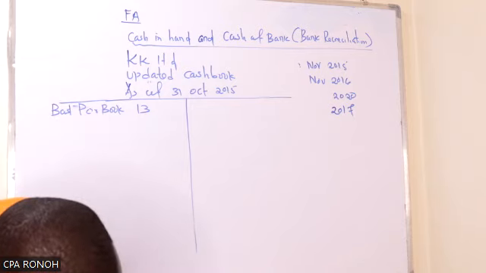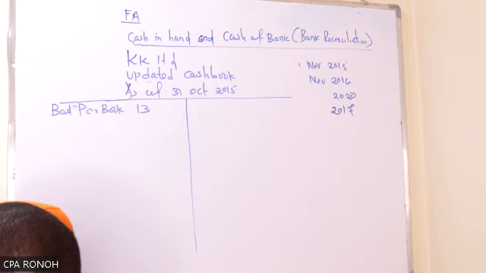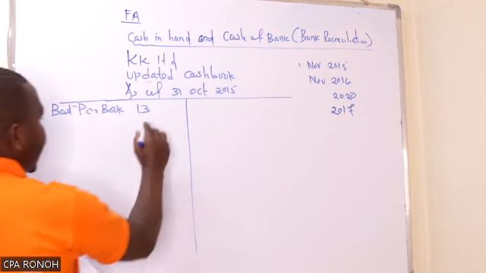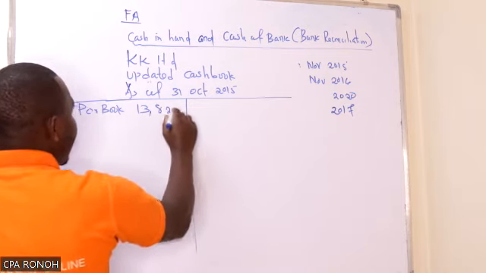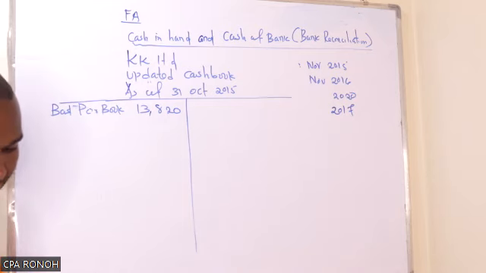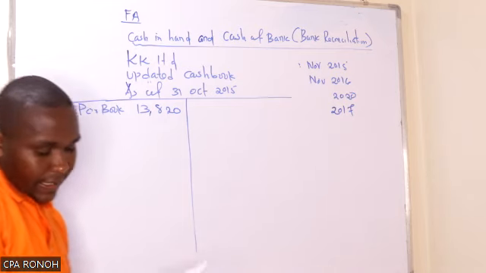Is it 13,820? 9290 plus 4530, yes, 13,820. So let's add the zeros, 13,820. That is the balance as per the cash book.